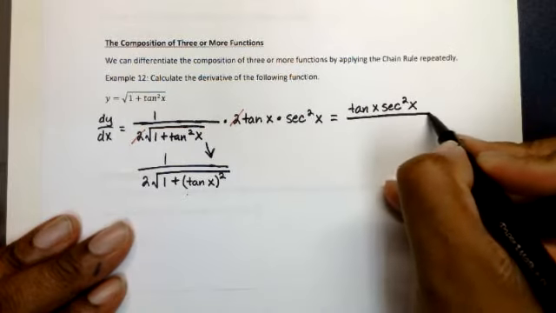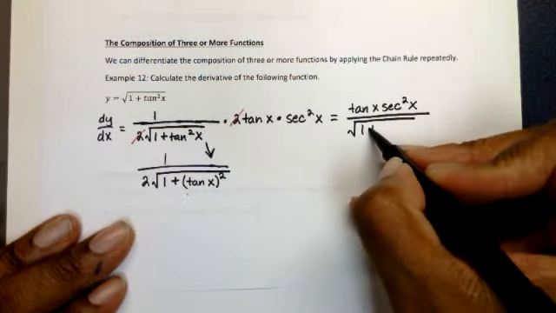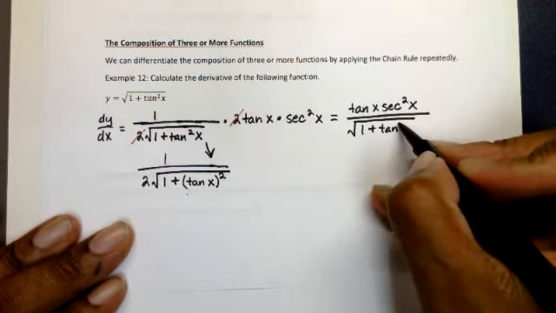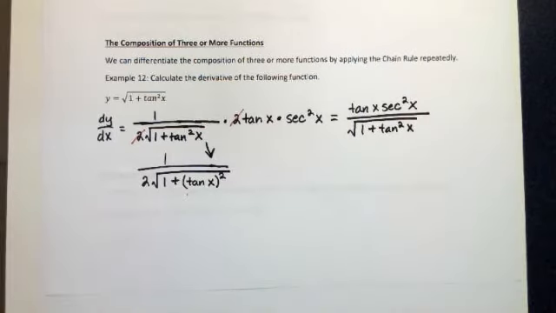And that's going to be all divided by the square root of 1 plus tangent square x. And I think that's as far as I'm going to go with that problem. Okay, so that would be the derivative of y equal to the square root of 1 plus tangent square of x.